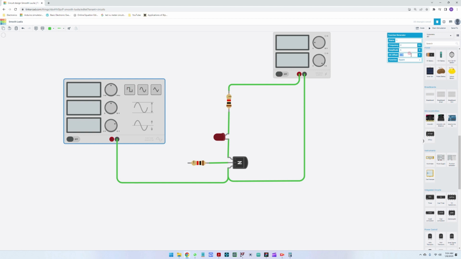And the offset is the reference value from which the amplitude is calculated. So the amplitude is 5 volts, and if we split it in two, we have 2.5 volts going up and 2.5 volts going down.